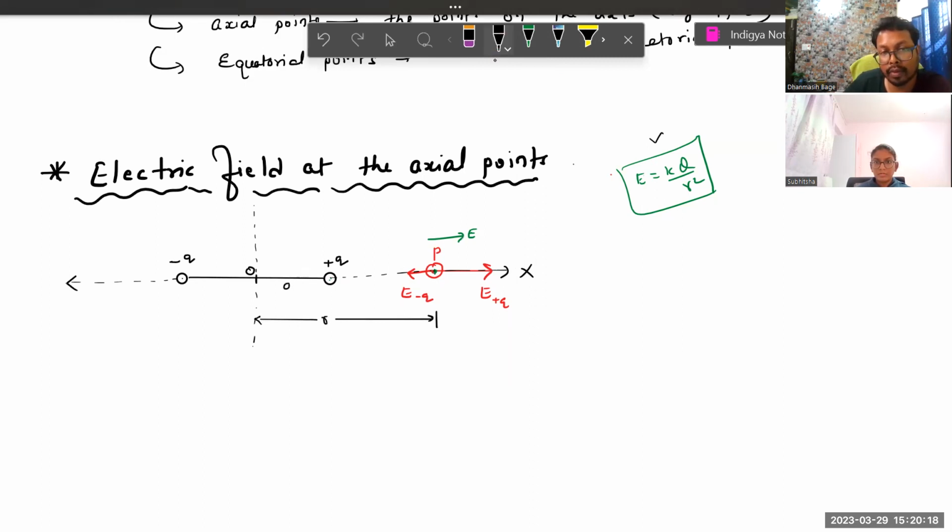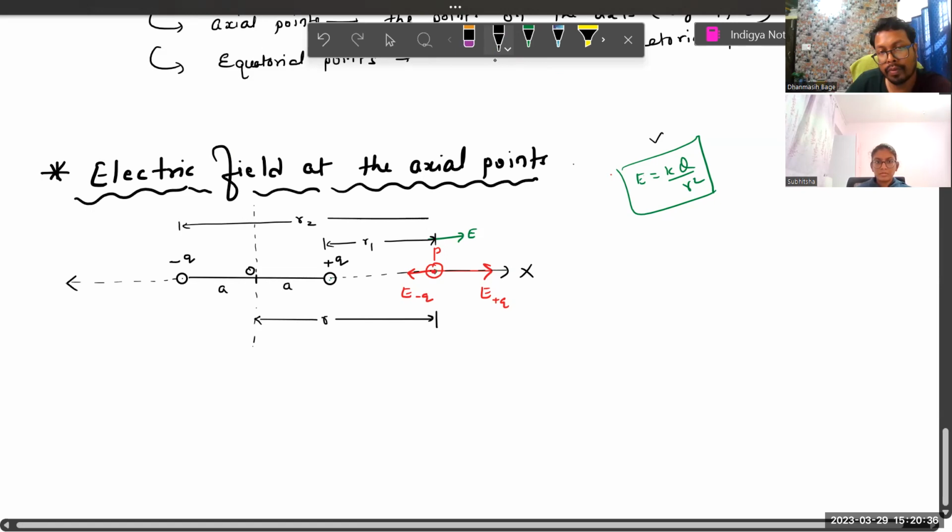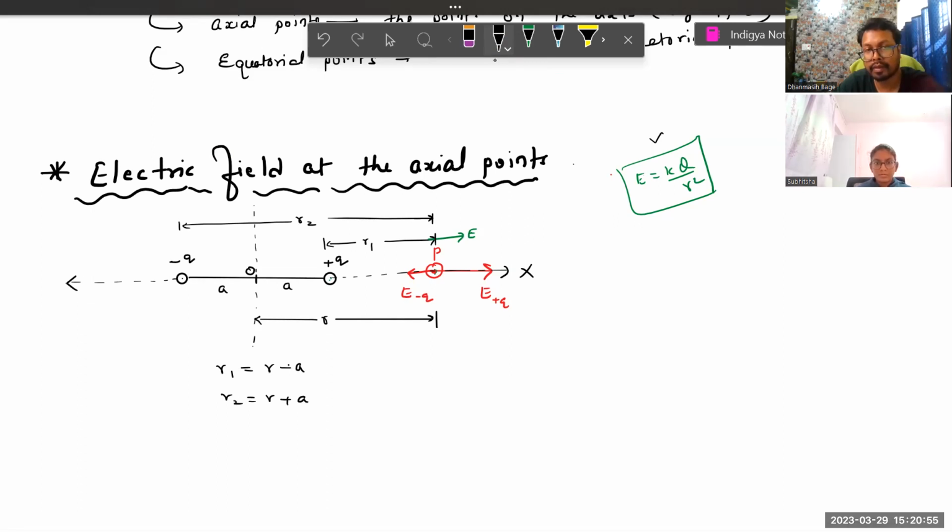We know that this is also A, this is also A. So this distance will be R1 due to plus Q charge, and this distance will be R2 due to minus Q. And can you see that R1 is equal to R minus A, and R2 is equal to R plus A, where R is the distance of P from the origin. Is that clear?